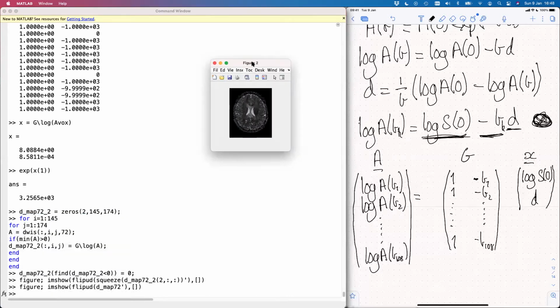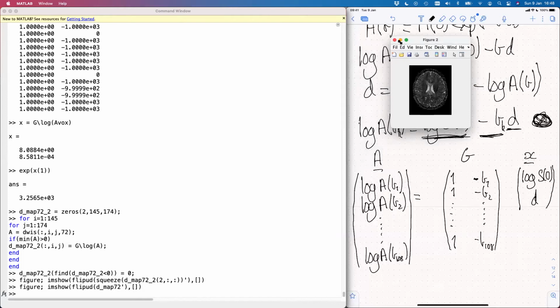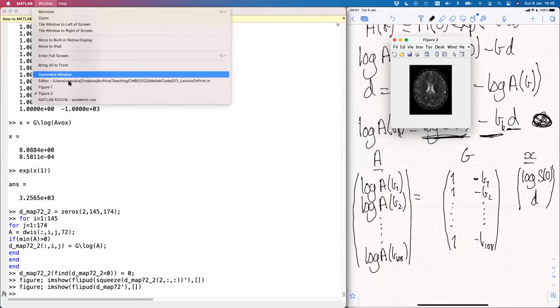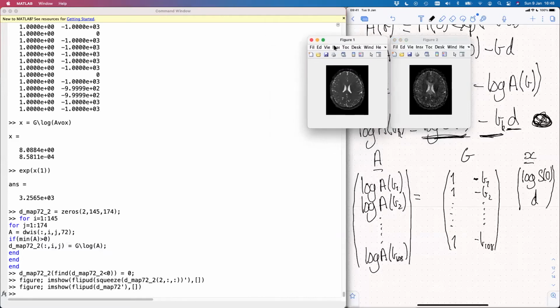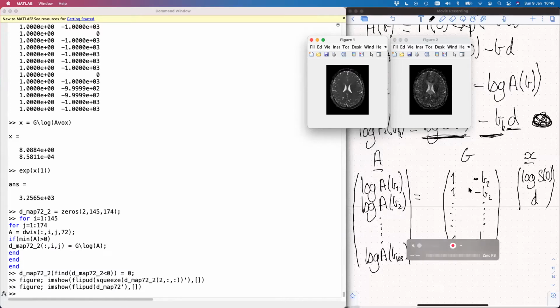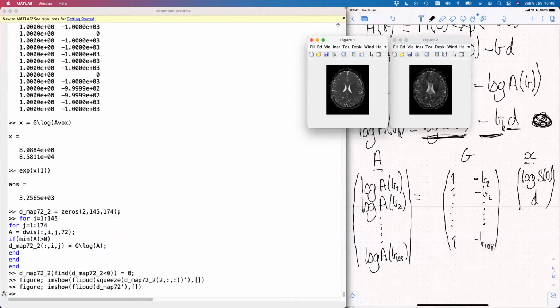So that was our first estimate of D from just the 2 images. And this is the one that we get from all 108. I hope you can appreciate that you get a much cleaner and less noisy map from using all 108 images, which you can do very neatly via this linear least squares operation.